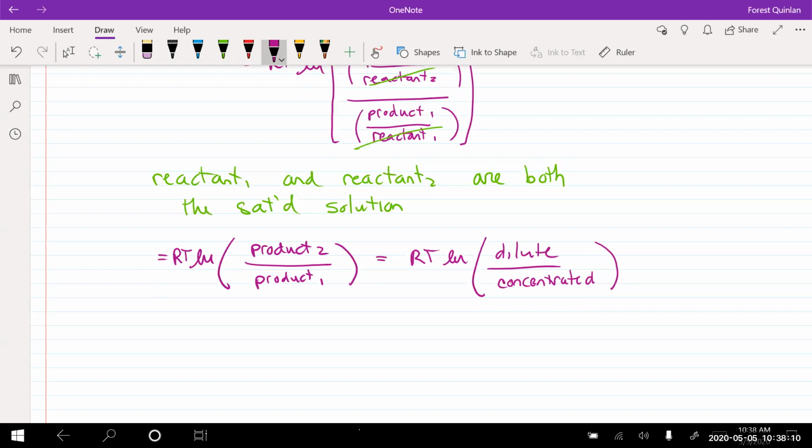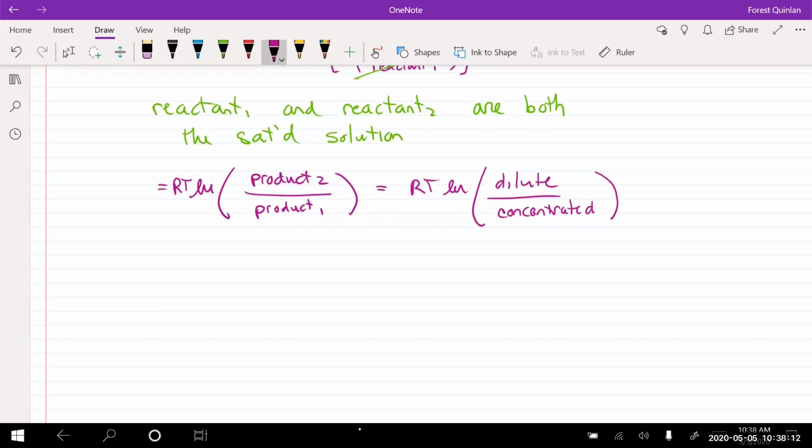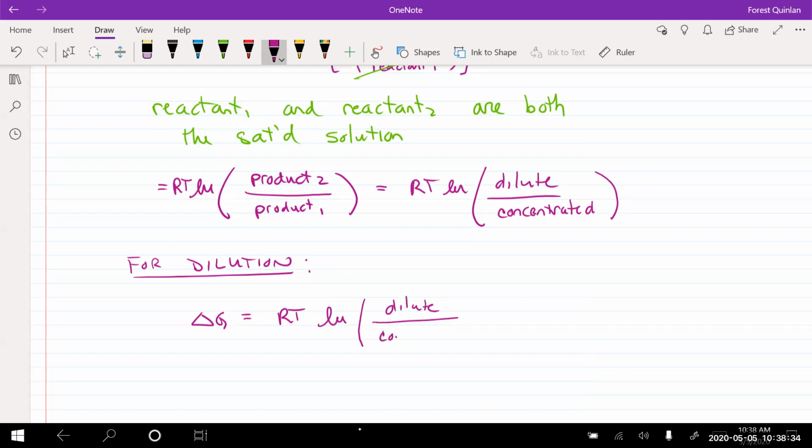So for dilution, delta G is going to be RT natural log of your dilute solution over your concentrated.